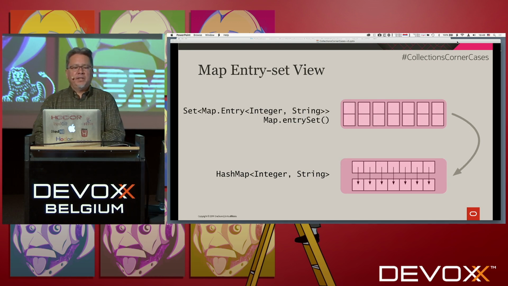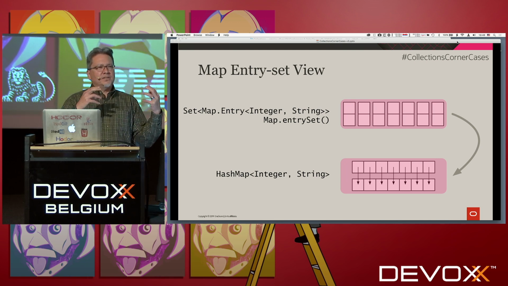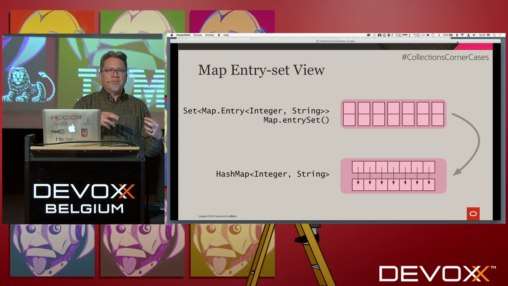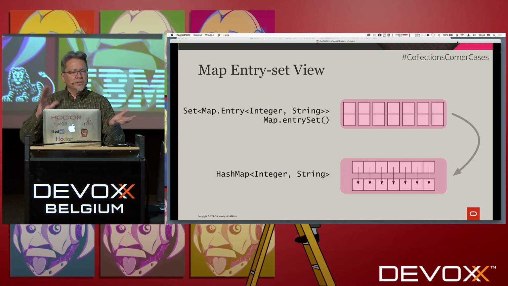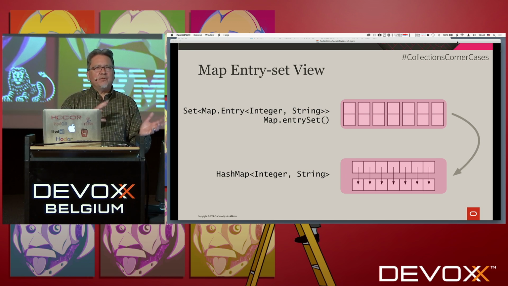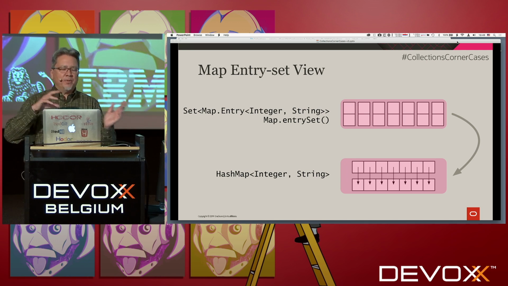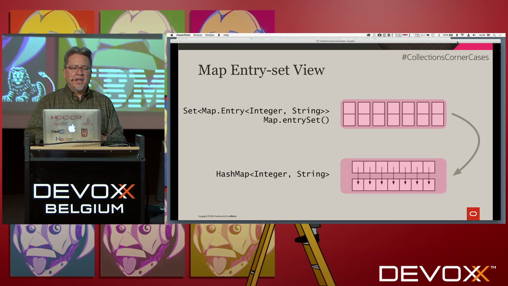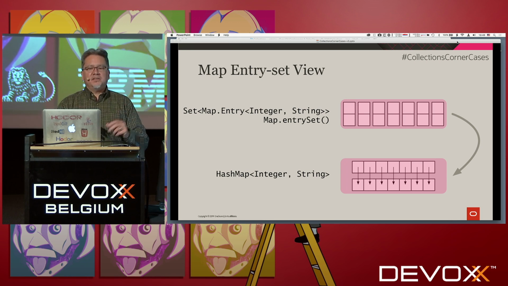And finally, we get the entry set view. This is a little interesting. We get back a set of entries, and remember, each entry is a key-value pair. So this is a little weird. How is a set of entries different from a map of integer to string? Well, it's exactly the same information, it's just in a different shape.